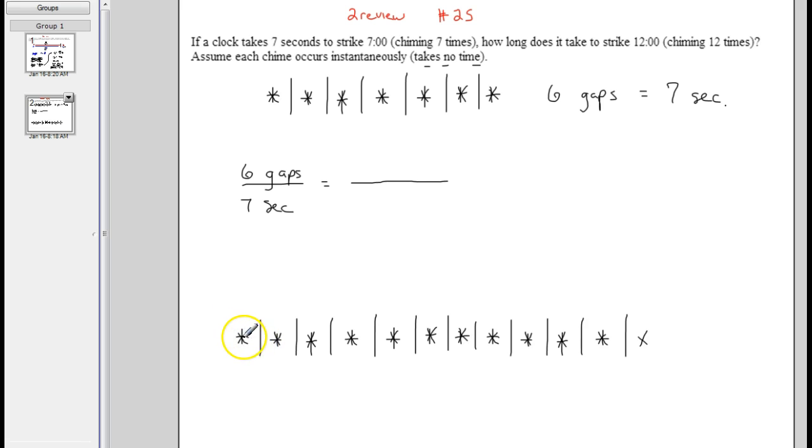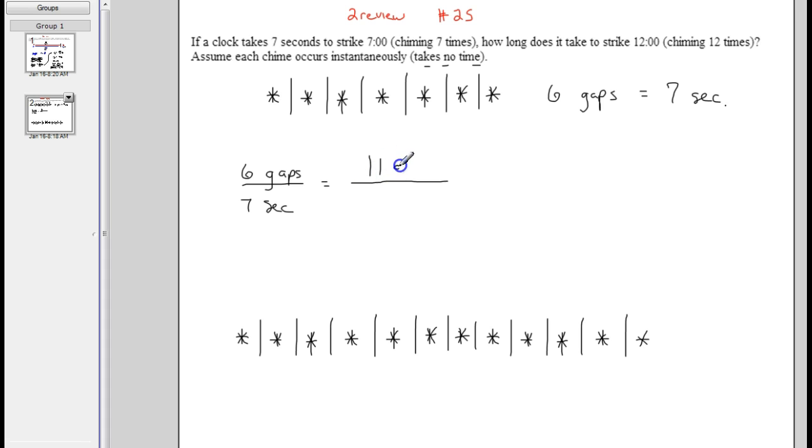Alright, so down here I got a picture. There's 1, 2, 3, 4, 5, 6, 7, 8, 9, 10, 11, 12 chimes now, and you can see it's going to be 1, 2, 3, 4, 5, 6, 7, 8, 9, 10, 11 gaps. Okay, so it's always one less gap than there is chimes.